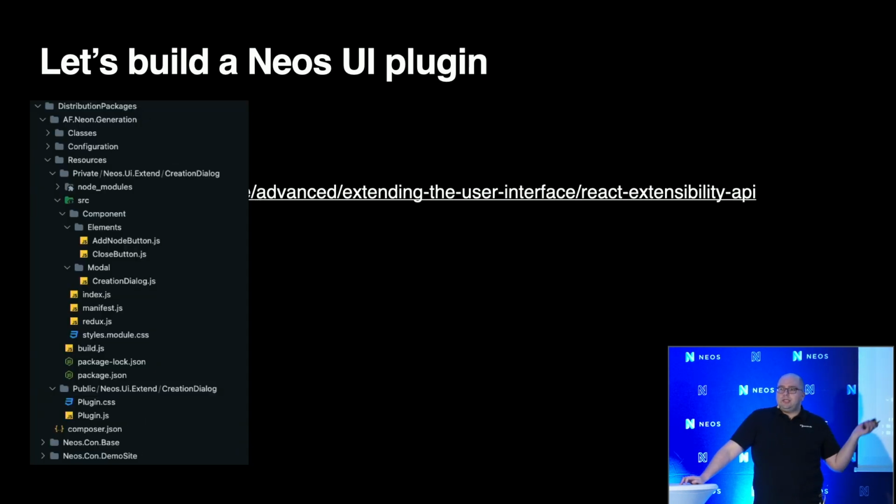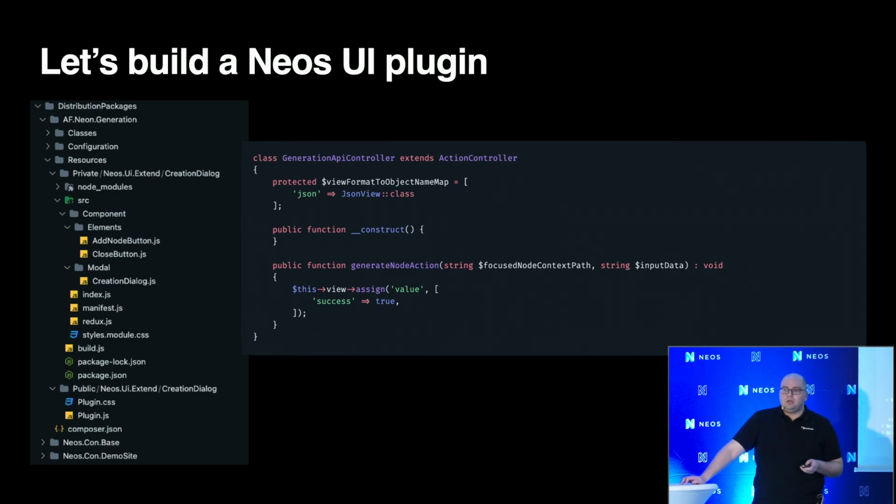So I created a new package. Here is my JavaScript code for the Neos UI plugin. And for the first step, I also built a small backend controller, which later would be responsible for talking with the OpenAI API. But first, it only generates a simple success message.